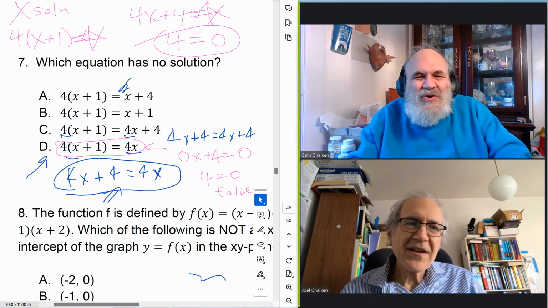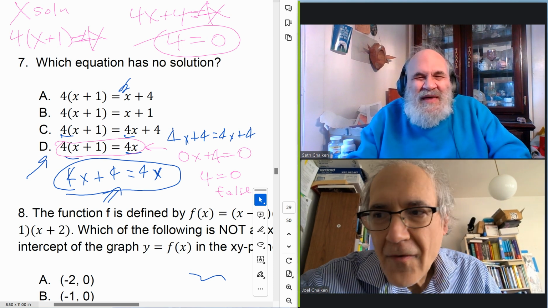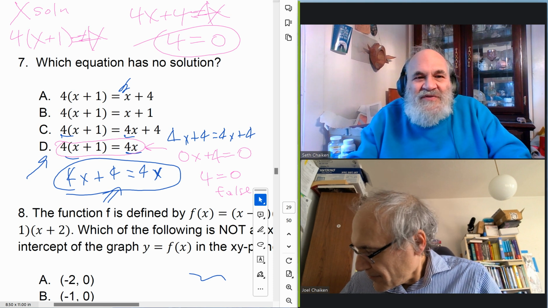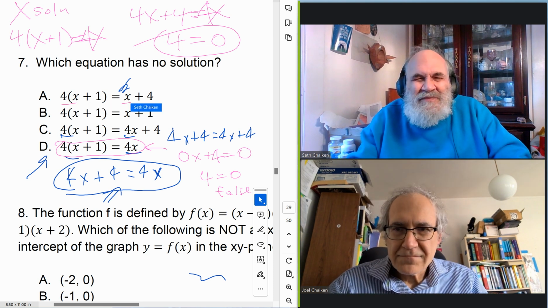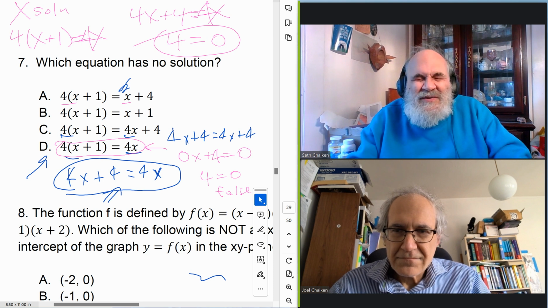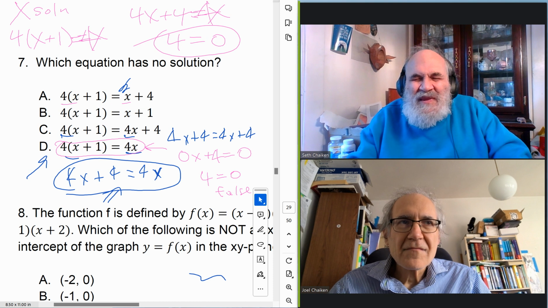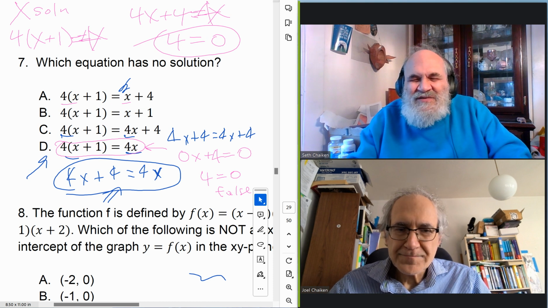Yeah. So you look at the first one and notice that the coefficient of x on the two sides is different. You could figure out, therefore, that it has one solution. 3x equals a constant is equivalent, and therefore x equals the constant divided by 3. That's a solution, so eliminate this.